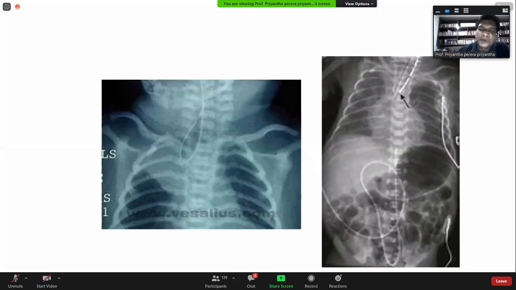So it's better to have esophageal atresia with a fistula than without, because when you have the tracheobronchial fistula, the gap between the two ends of the esophageal atresia is less. So the surgery is better, and you can get it corrected in one approach.